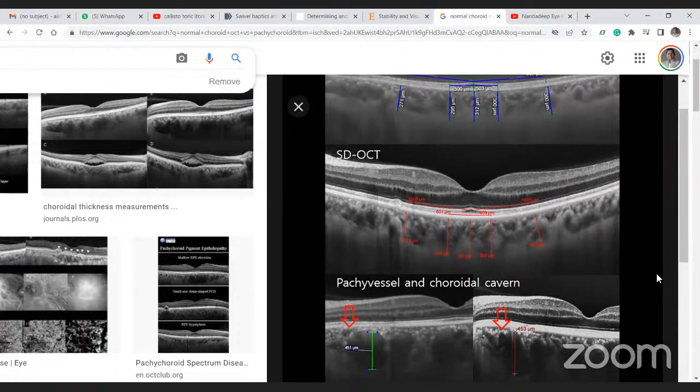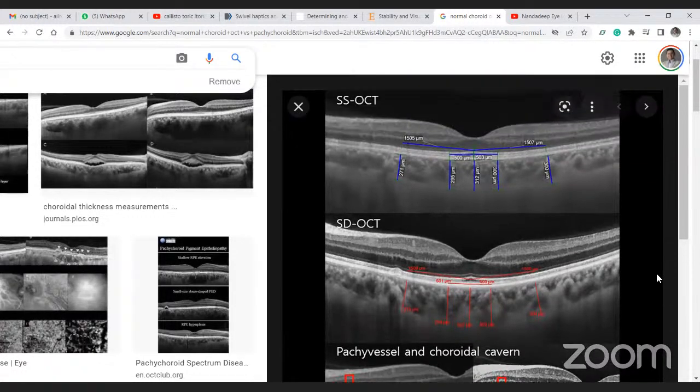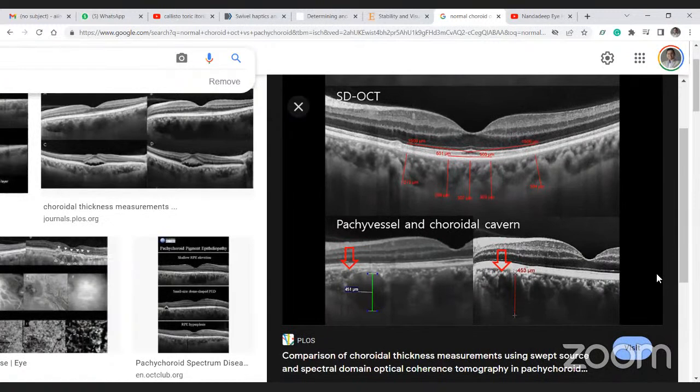So now here you can see the normal vessels and the abnormal vessels. Can you see? Yes, sir. So up to, as you said, 300 microns, but not strictly, you can see that up to 300 microns, this Haller layer is ending here. While in case of pachy vessels, you can see it is even larger than that.